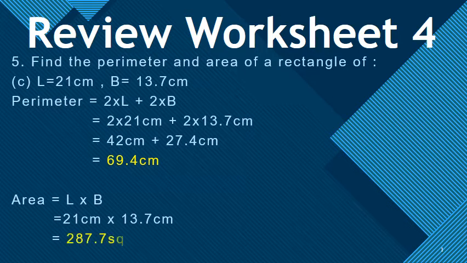So this is equal to 287.7 square centimeter, right? So the area of the rectangle of the length 21 centimeter and breadth 13.7 centimeter is equal to 287.7 square centimeter.